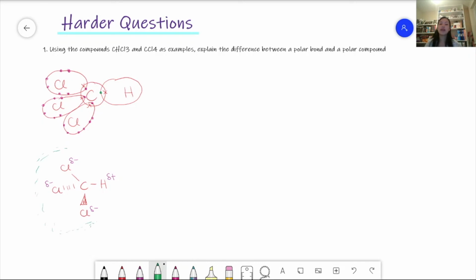And then with the hydrogen, there's only a few. And so because of this, there's a lot more electrons around the chlorine. And so this compound is actually polar. So this is a polar compound.